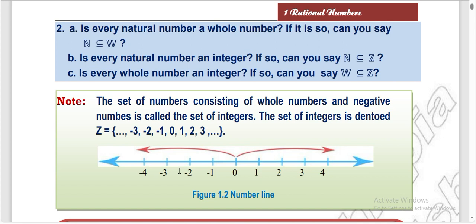In other words, integer number is the combination of negative integers plus the whole numbers. In other words, integer number is the combination of negative integers plus 0 plus natural numbers.